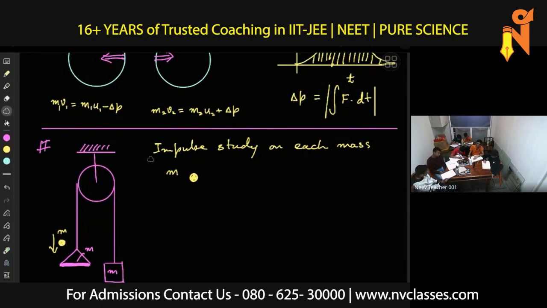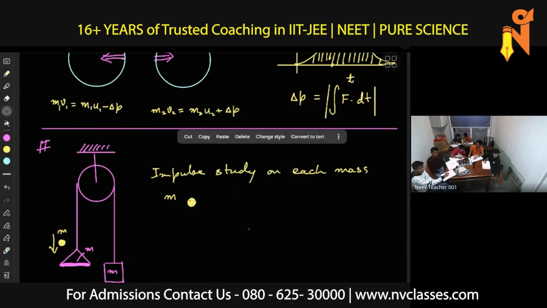Is that clear? Yes. Now, the yellow mass is going down with v. Understand the question: there is the tray, and the pink mass is not going anywhere.